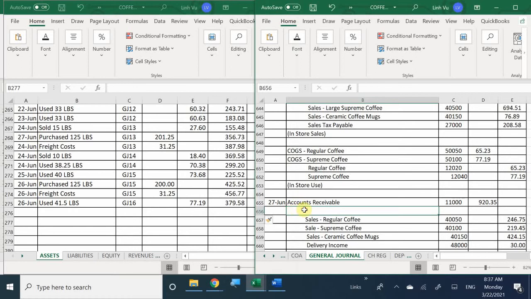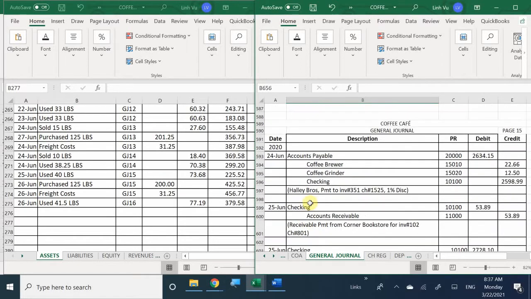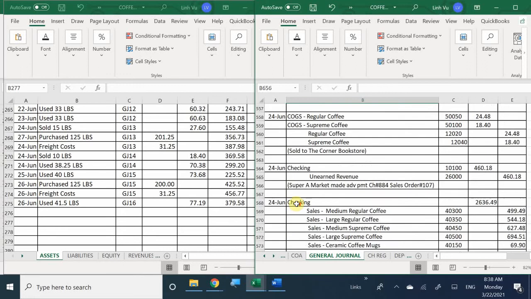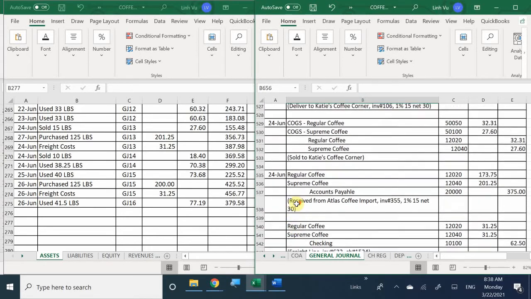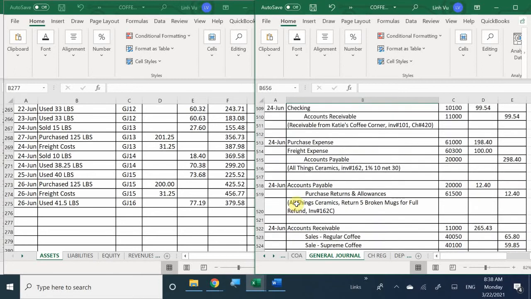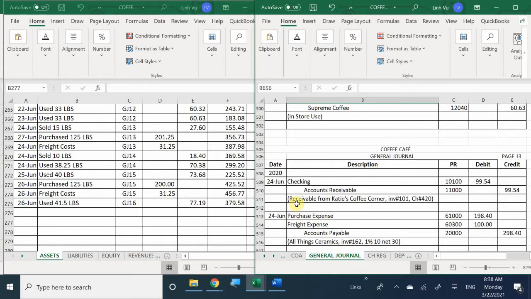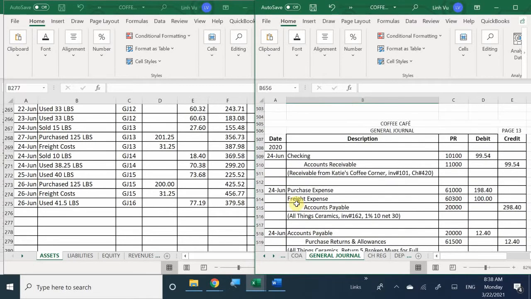So since we journalized it on the 24th as we received a check and it was for unearned revenue, I'm looking for it right now. Okay, it's not there. It's not this one.